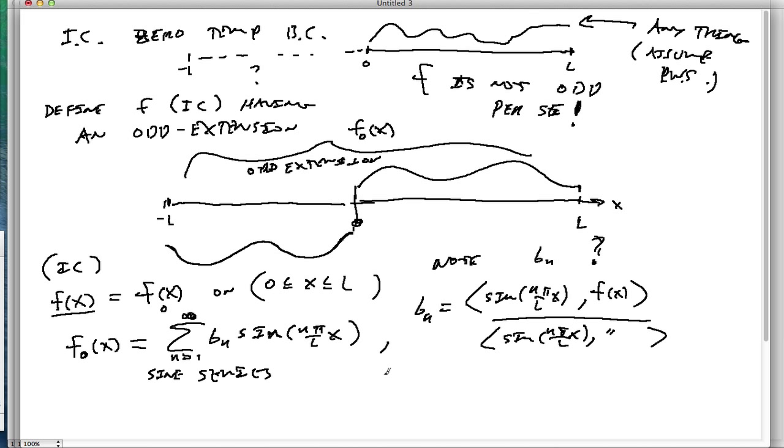We can write this in a really simple way, because the function is two replicated versions, and sine functions are always odd. What we can do is restrict. If we just think of n equal to 1, we have the function.